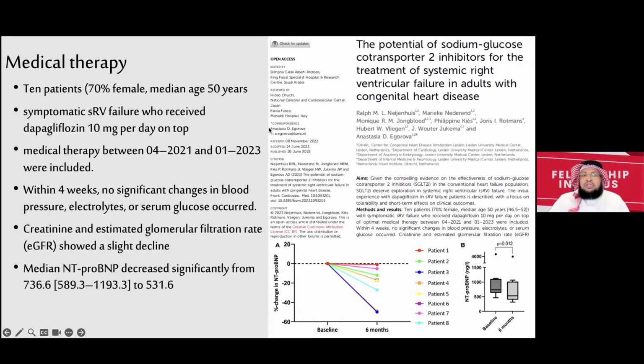The other medication is the SGLT2 inhibitors, dapagliflozin and empagliflozin. There are also only small scattered studies. This one had only 10 patients, and the outcome was pro-BNP, and they found a significant decline in the pro-BNP level in these patients.